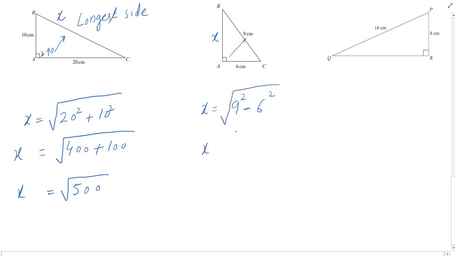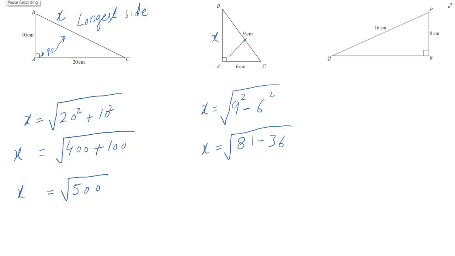So 9 squared is 81 minus 36. 81 minus 36 is 45, so x is equal to the square root of 45.